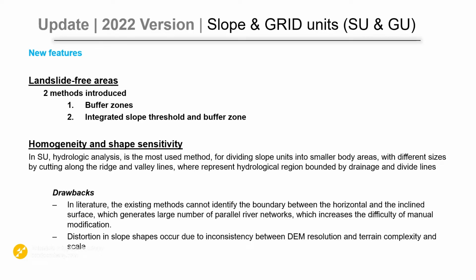There are too many theories in the literature, but the most common applications use two methods. The first one is the buffer zones. The buffer zones create safe areas around the active landslide locations, for example, in case we have a single landslide, or we have a landslide event.